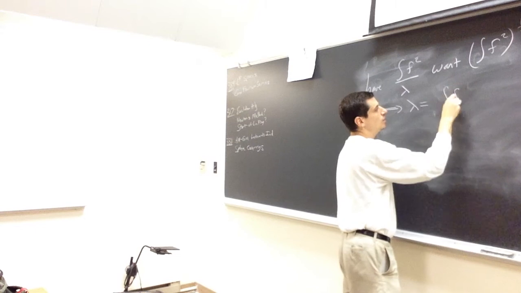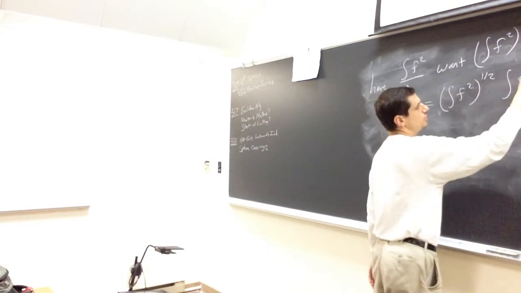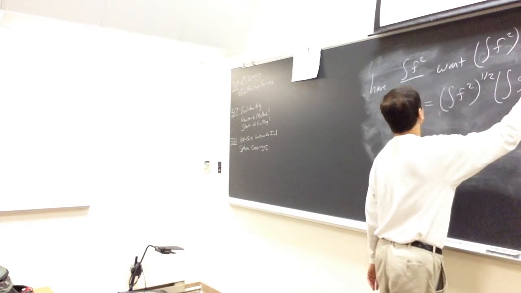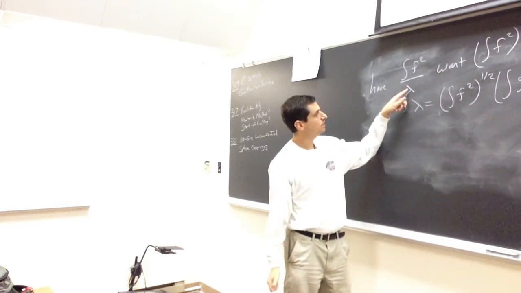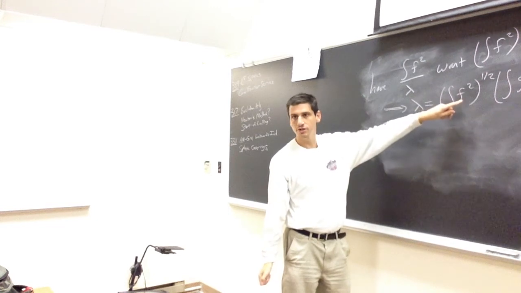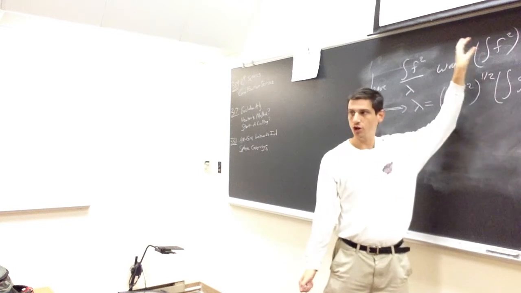So I want the integral of f squared to the 1/2 times the integral of g squared to the -1/2. And now when I plug that in, the integral of f squared to the 1/2 makes this an integral of f squared to the 1/2. This comes up top.